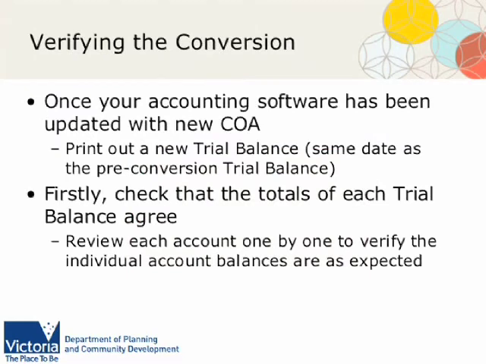Once you've updated your accounting software with your new chart of accounts and checked the linked accounts, print out a copy of the trial balance and make sure you use the same date as the original one. Now firstly, check that the trial balance totals agree, and then review each account one by one to ensure that the balances of the individual accounts are as expected.